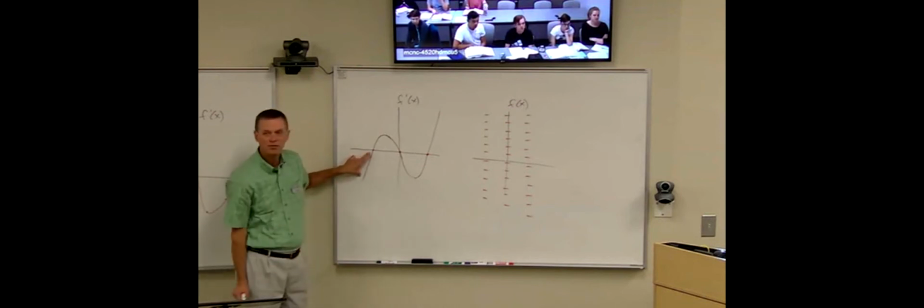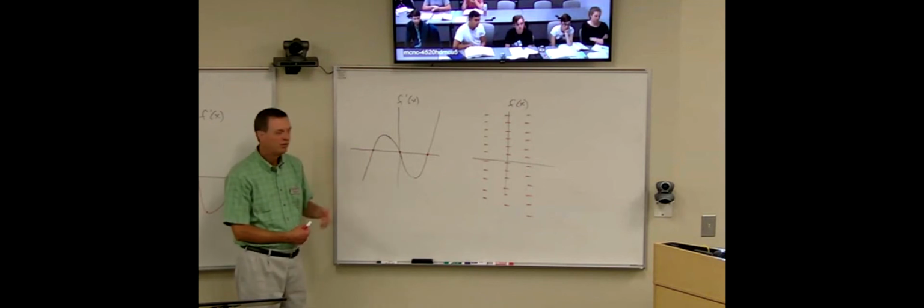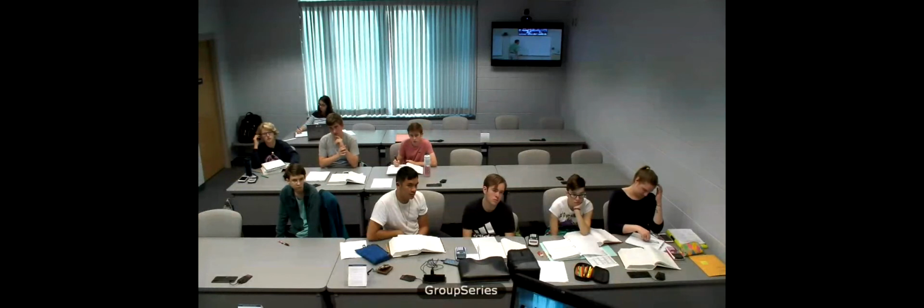But what's happening in between those? What does this tell me right here? To the left of that first order critical value, the slope is negative, being more negative the further left you go. So I'm going to put some negative slope field in here. It starts out really steep, and the further left you go, the steeper it gets.